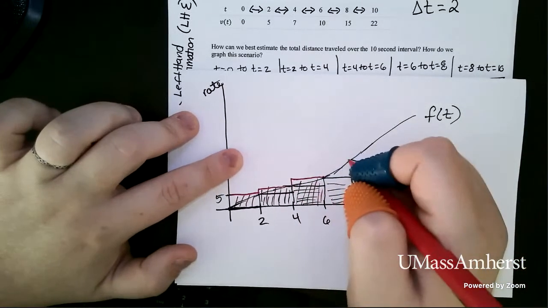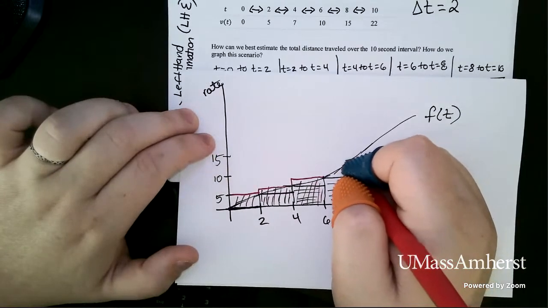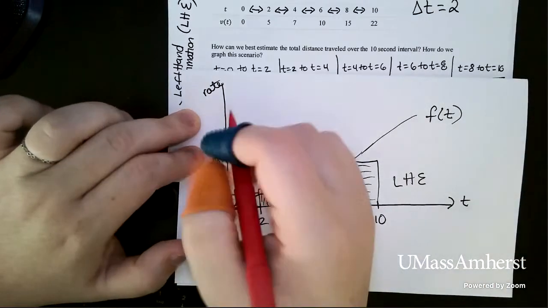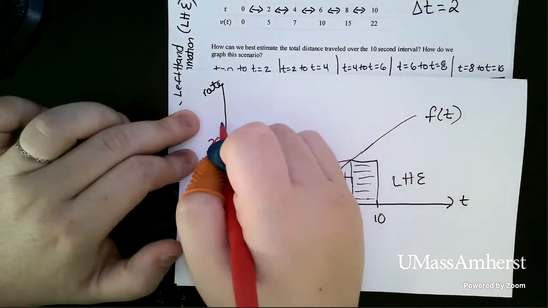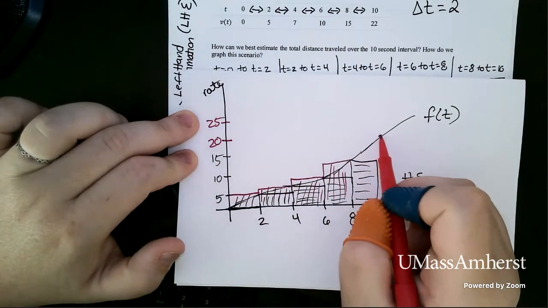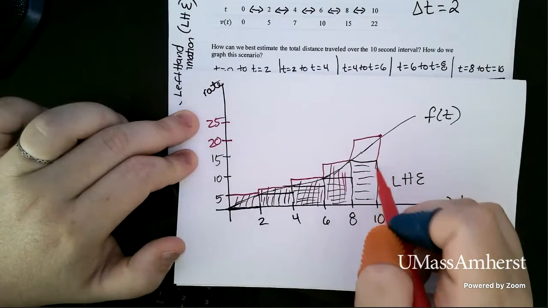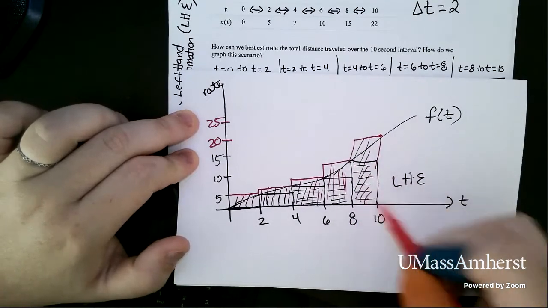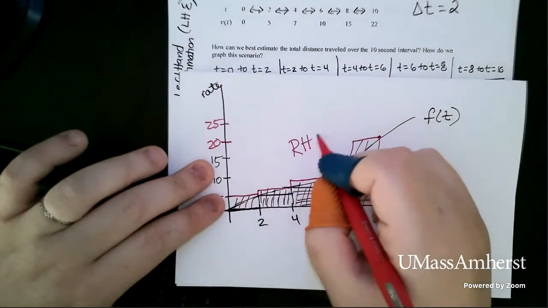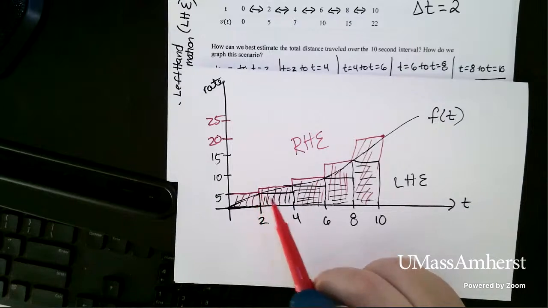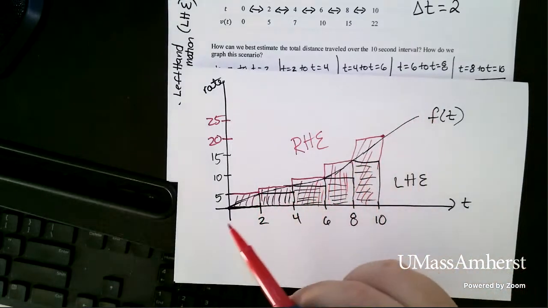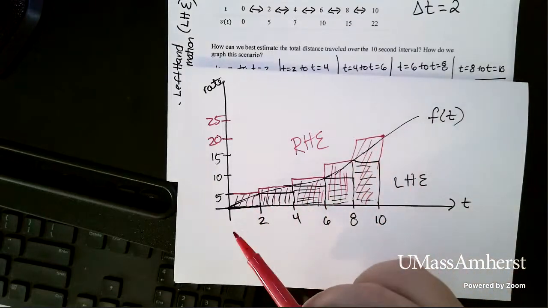And then time 6 to time 8, I assumed it was 15. And then from 8 to 10, I assumed it was 22. So I have to add some more numbers here so I can get up to 22. And when you do a right-hand estimation, the right-hand corners of each of your blocks forms your approximation of whatever this function is.